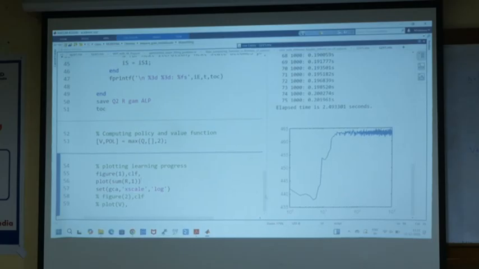Here I plot the progress of R. You see I am learning these rewards. Earlier rewards are very, very low, and as the values in the Q matrix get filled, I start getting better rewards. That's the idea here. Any question here?